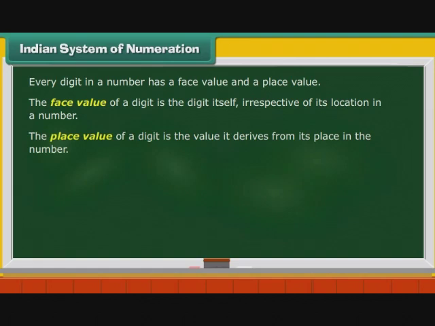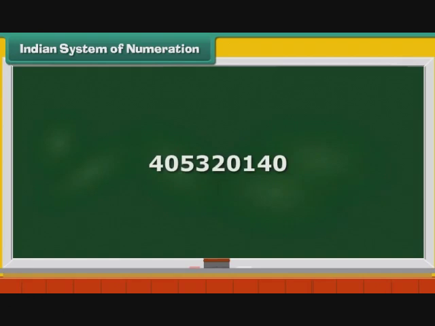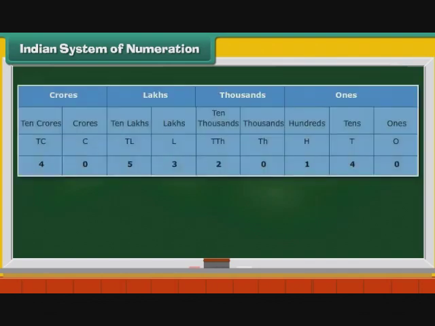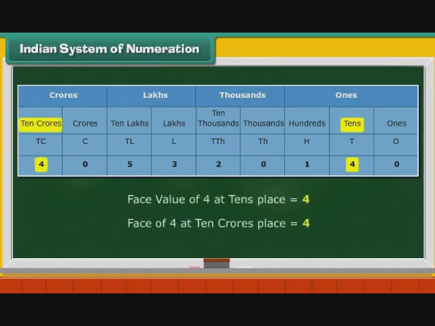Let us see how. Consider the number 405320140. First, we arrange it in the place value chart. Digit 4 appears at two places, tens and 10 crores. The face value of digit 4 is 4 at both the places.